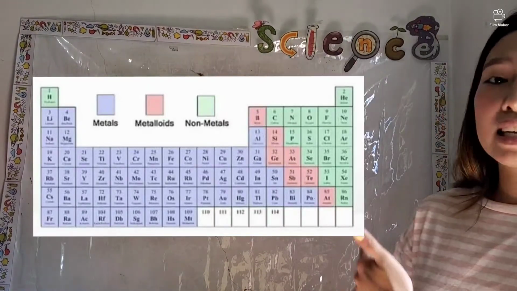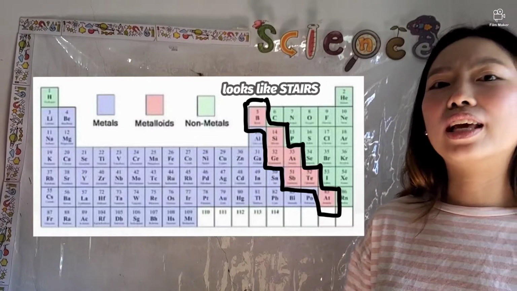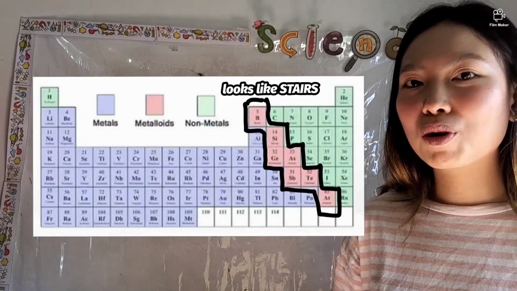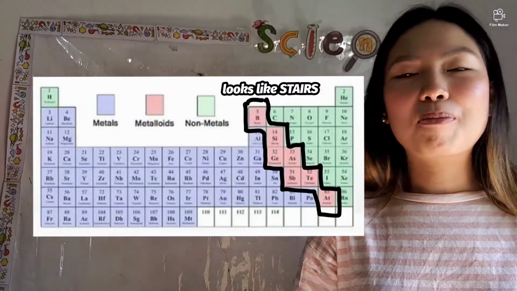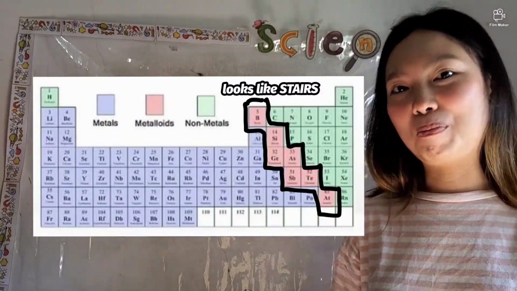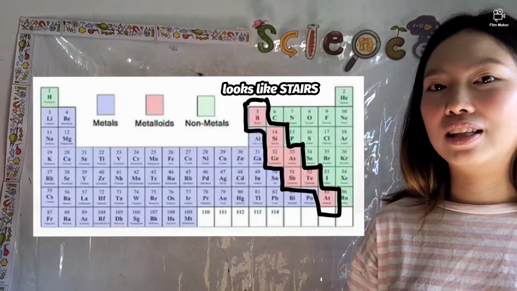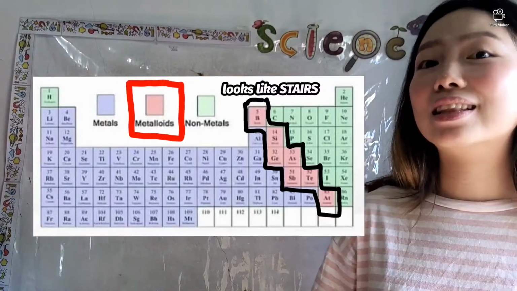And may natira sa gitna na parang korteng hagdan. Yung korteng hagdan na yon ang nagsisimbolo ng hatian ng metal sa non-metal. So, yung hagdan na yon ang tinatawag nating mga elements na metalloids.